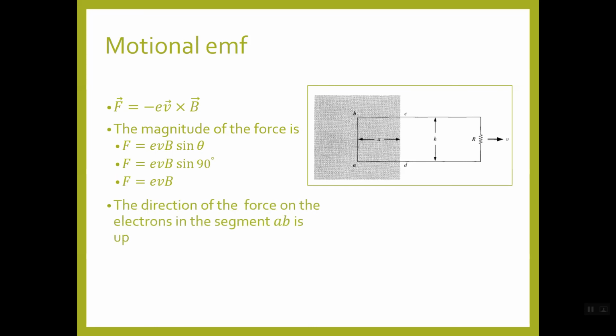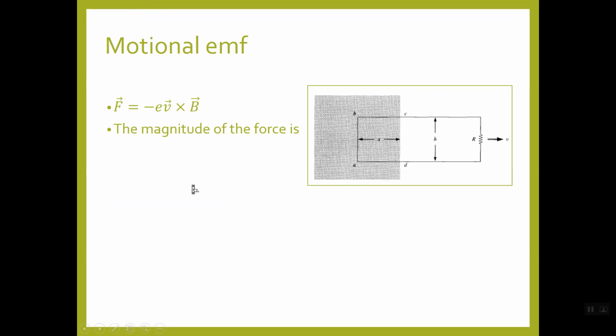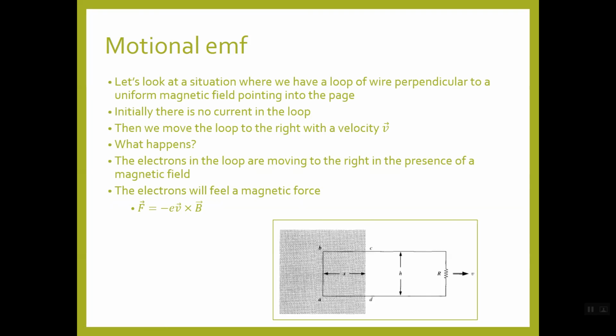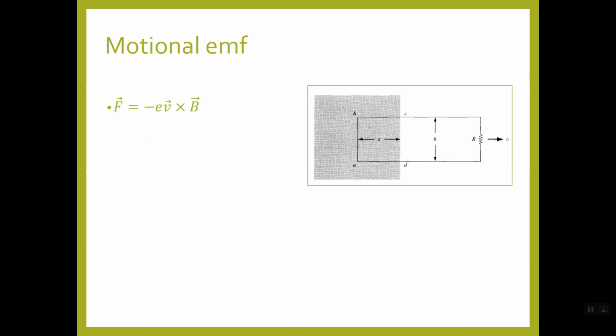The direction of the force on the electrons in this segment here, AB: if we use the right-hand rule, v is going to the right and our magnetic field is going into the page.